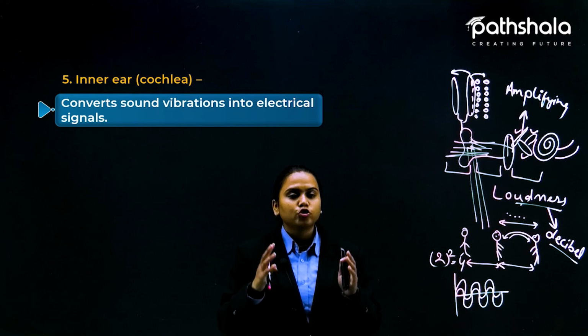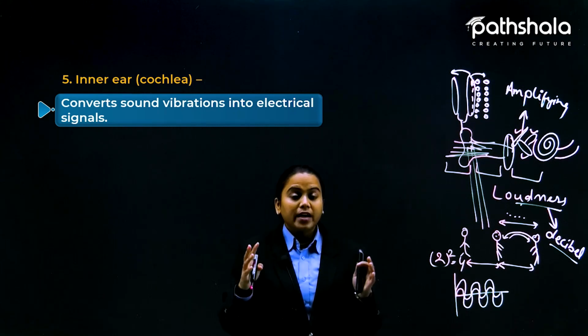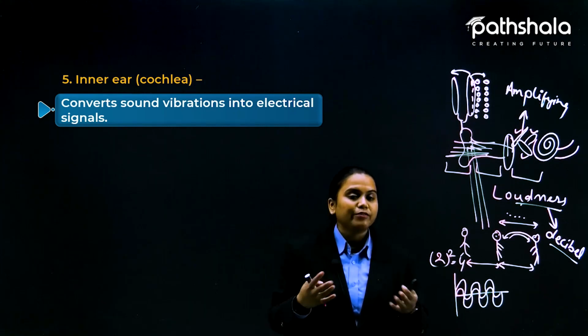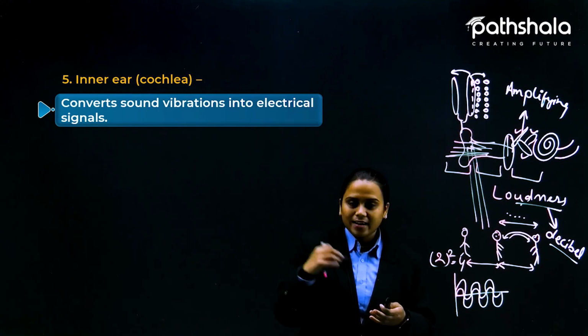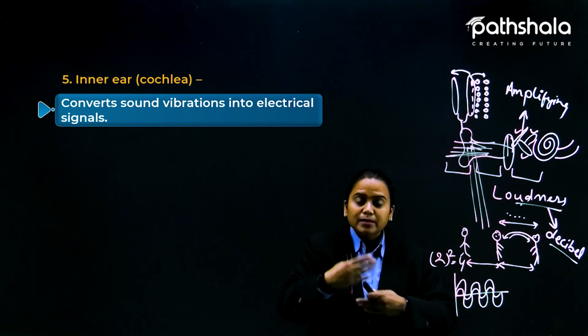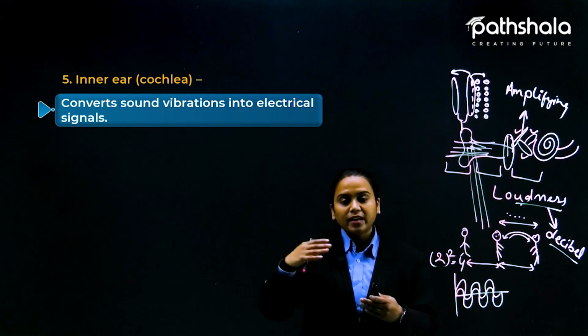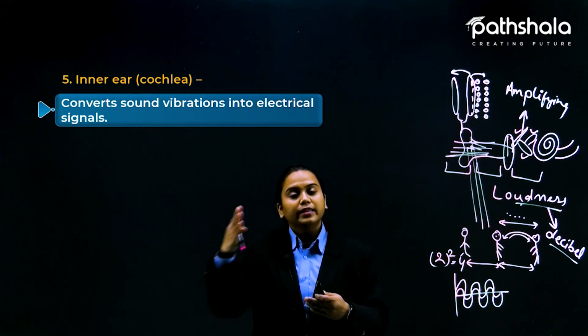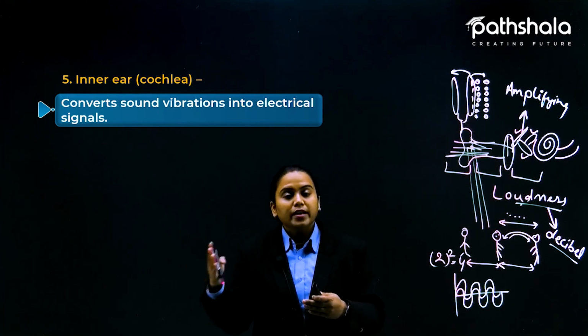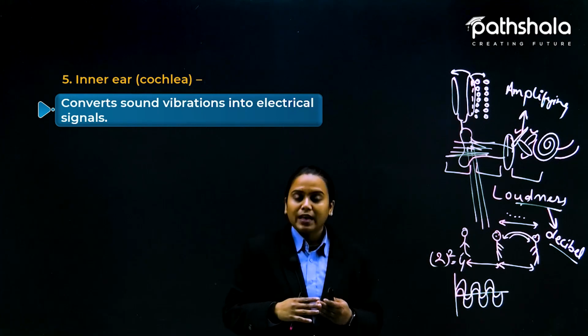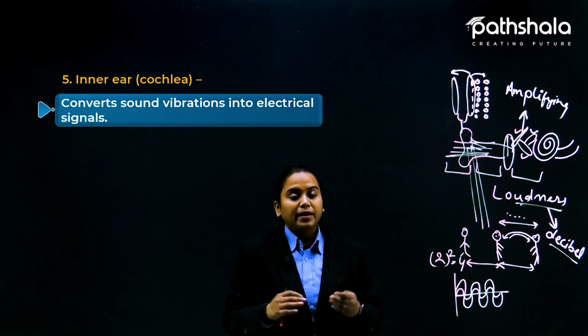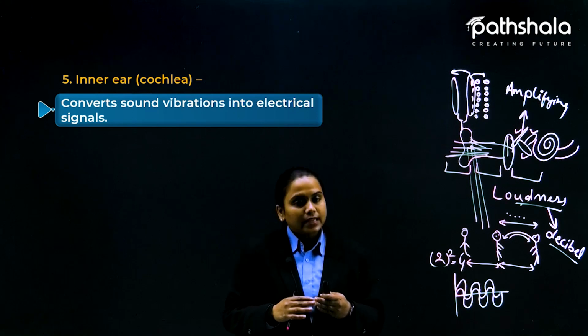They are just an instrument. Eyes and ears are just instruments that receive the energy, and that energy is first converted, then transmitted. Converting into an electrical signal is very important because our brain can only detect electrical signals.